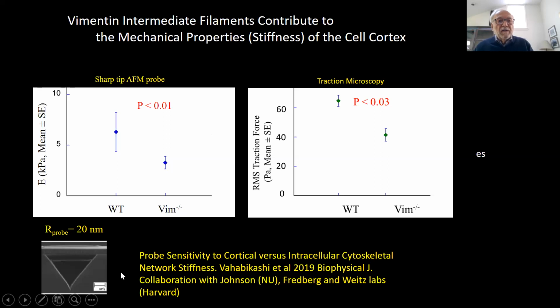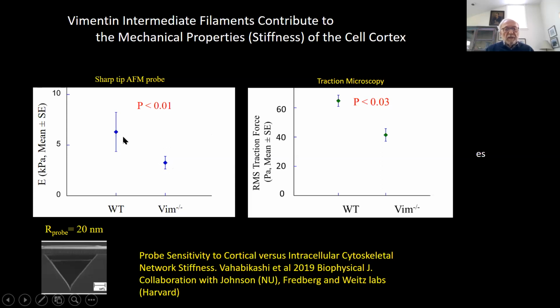We also noticed that Vimentin contributes to the mechanical properties of the cell cortex. And this was originally published a few years ago using sharp tip probes, which I mentioned earlier, actually measure the stiffness of the cell cortex. And on the left here, we see the results with a sharp tip AFM probe with Vimentin wild type fibroblasts, and then null fibroblasts obtained from the Vimentin null mouse.